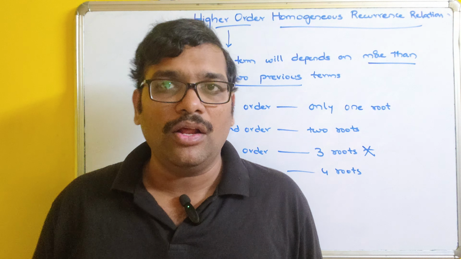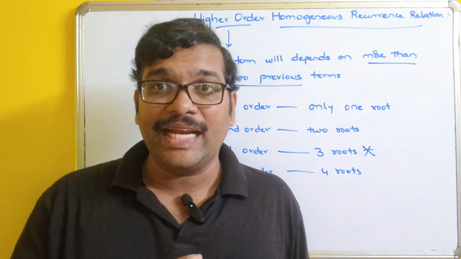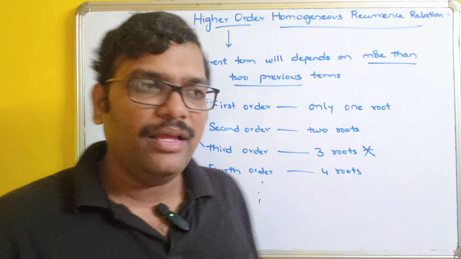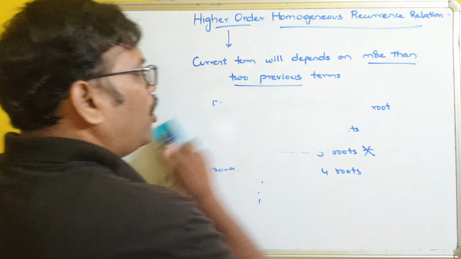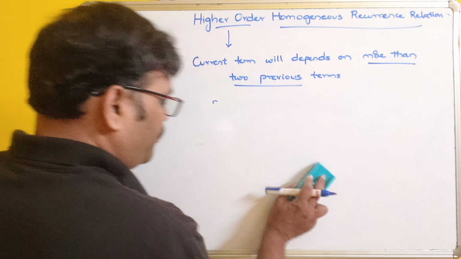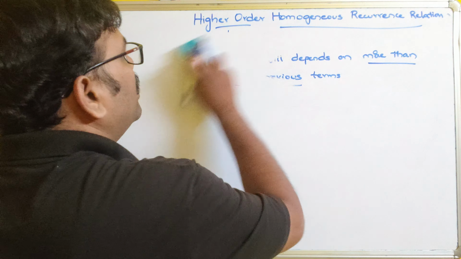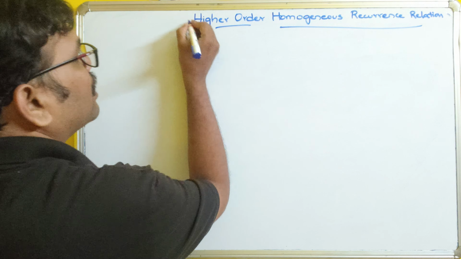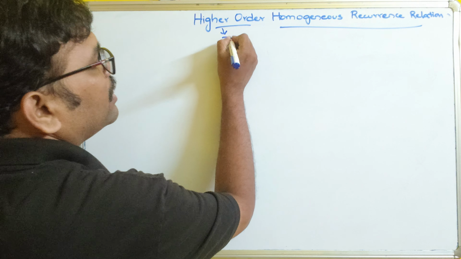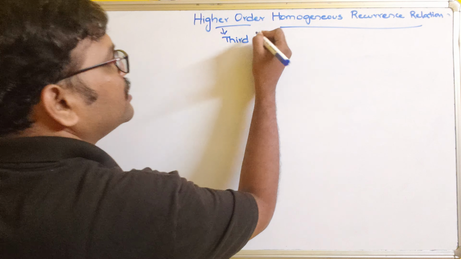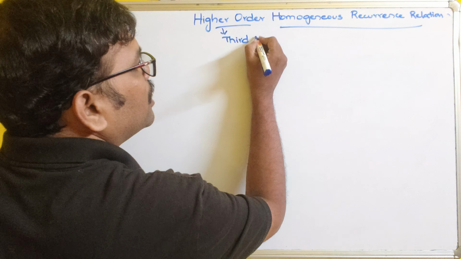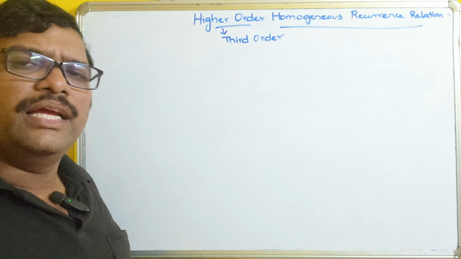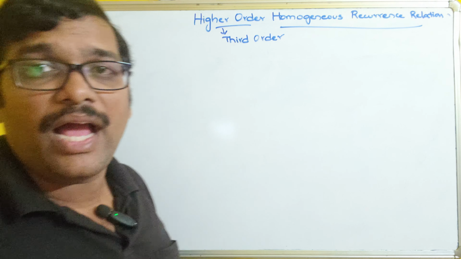If it is a third order recurrence relation, then the second step is to form an auxiliary equation. All the steps are the same. Mainly, I am now considering the third order. I'm teaching you about the third order homogeneous recurrence relation. Even though it is a third order, we call it a higher order.